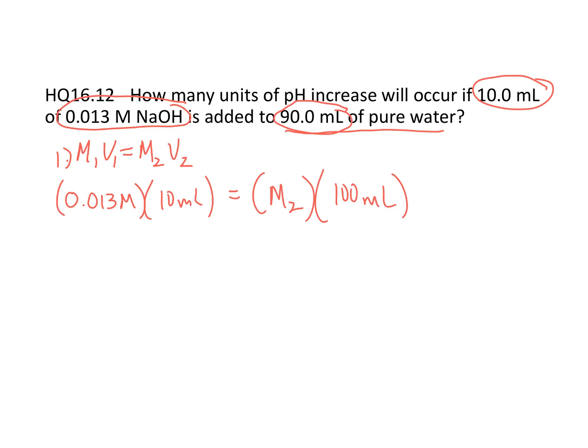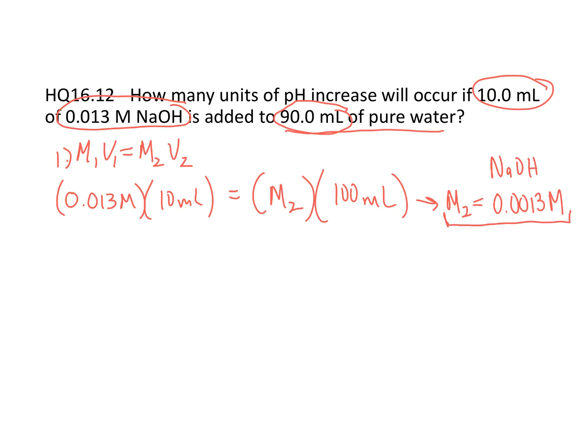So multiply and divide by 100. My second concentration ends up being approximately 0.0013 molar. So that's the concentration after mixing those two solutions together. That's my concentration of a strong base, sodium hydroxide.